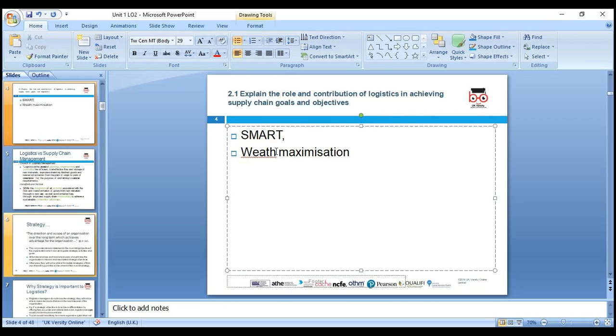What else? Or we can call it profit maximization. What other objective can be? Cost reduction, that can be an objective. Service level improvement, good, that can be our objective.